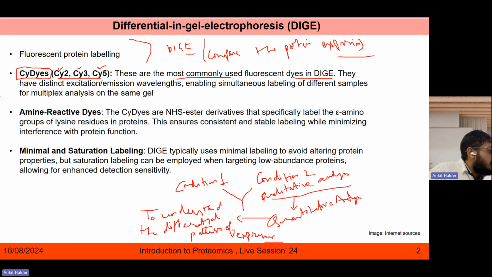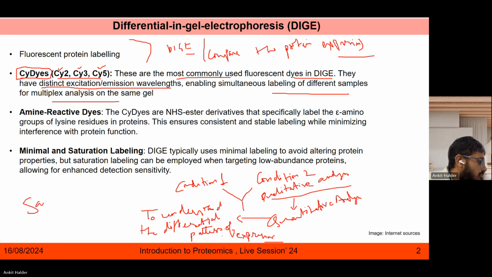Why? Because they have the characteristic property of distinct excitation and emission wavelengths. This leads us to simultaneous labeling of different samples for multiplex analysis on the same gel. So the same gel can now be utilized in a multiplexed way.